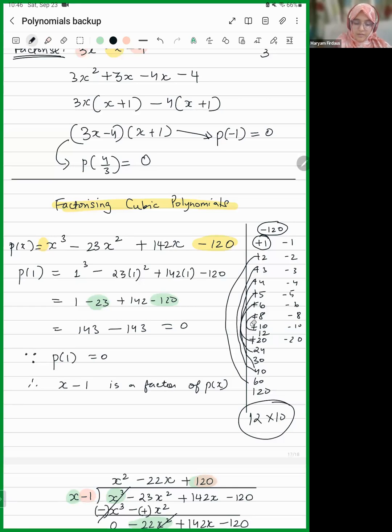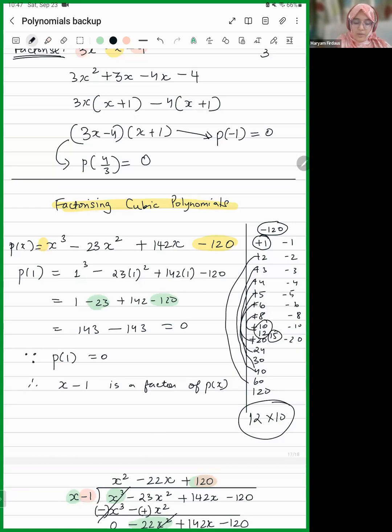We made a mistake. There should be one more thing. 8 into what is 120? 8 into 15. So we missed one more over here, which was 15.